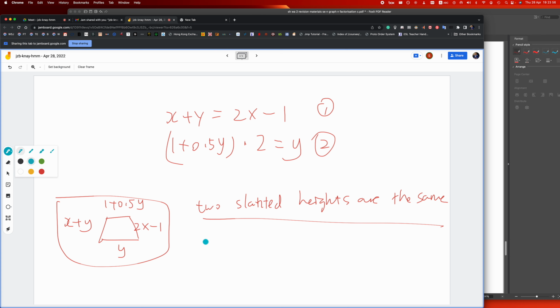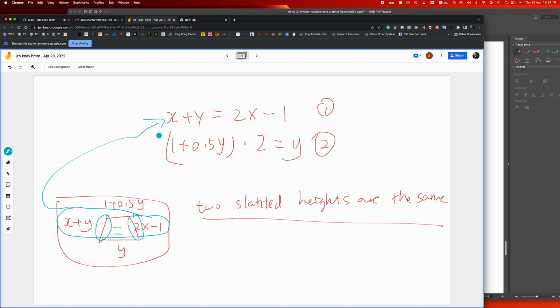That means this is the slanted height, right? This is also a slanted height, right? They are the same. What does it mean? Equal. So that's why I say this one, they are equal. So this gives me my equation 1. Are you clear? So you know how I form equation 1?